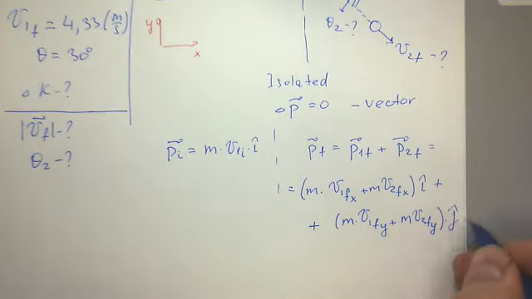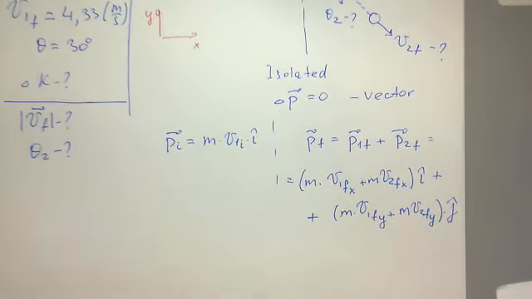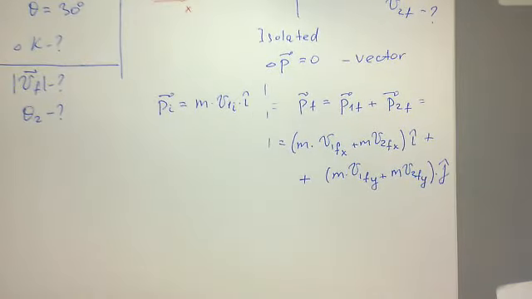This is a vector. And they are equal to each other before and after interaction, since the momentum is conserved.